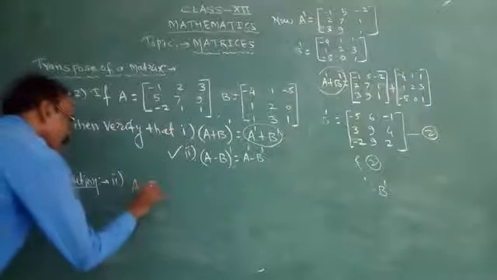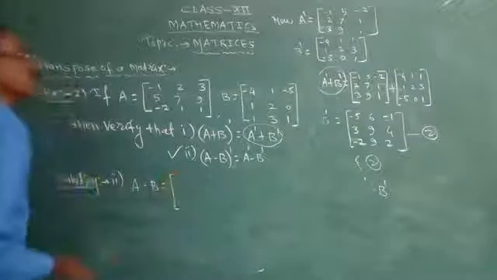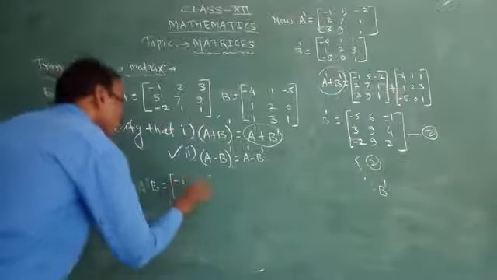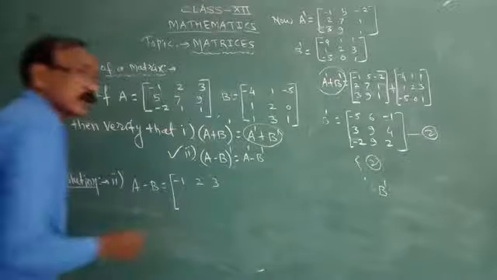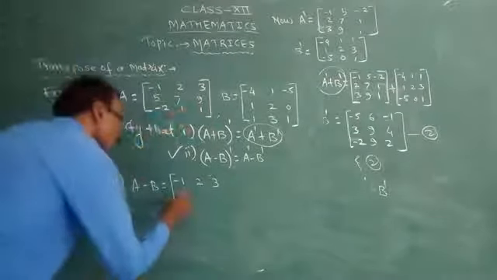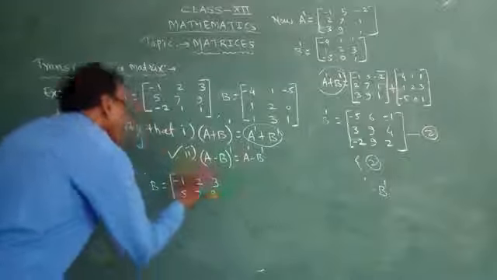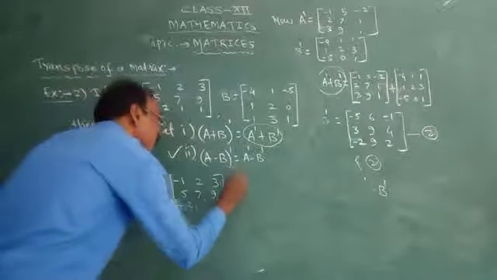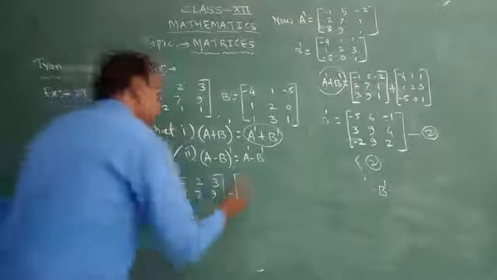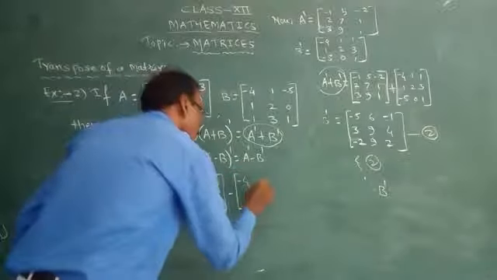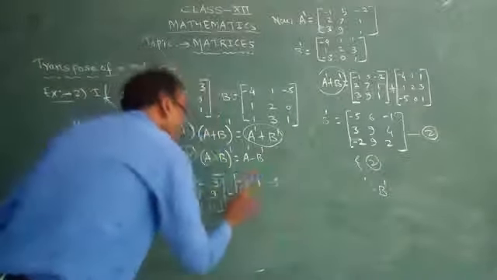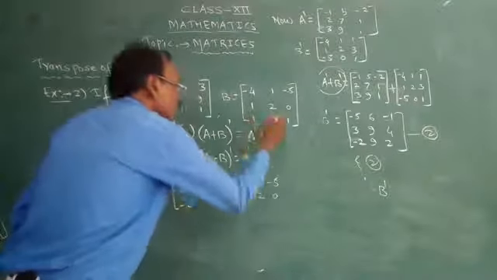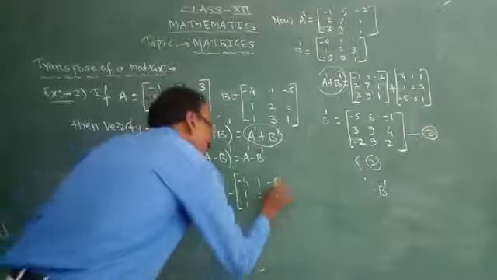A minus B. What is A? Minus 1, 2, 3, 5, 7, 9, minus 2, 1, 1. Then minus B, which is minus 4, 1, minus 5, 1, 2, 0, 1, 3, 1.